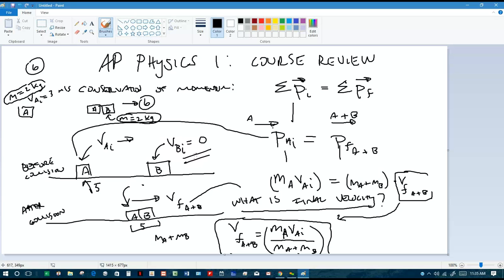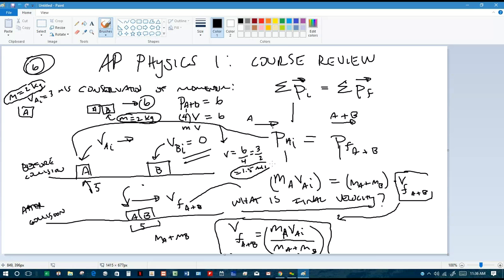And so what you'd really be saying is, well, if their combined momentum, A plus B, has to still be 6 units, and we know their mass is now 4, because it's 2 plus 2, what velocity must they be moving at? Because this is like M and this is like V, so that their total momentum is still 6, because the original guy had 6. And so if you were to divide it out, you'd see velocity equals 6 over 4, which simplified is 3 over 2, which simplified is 1.5 meters per second.